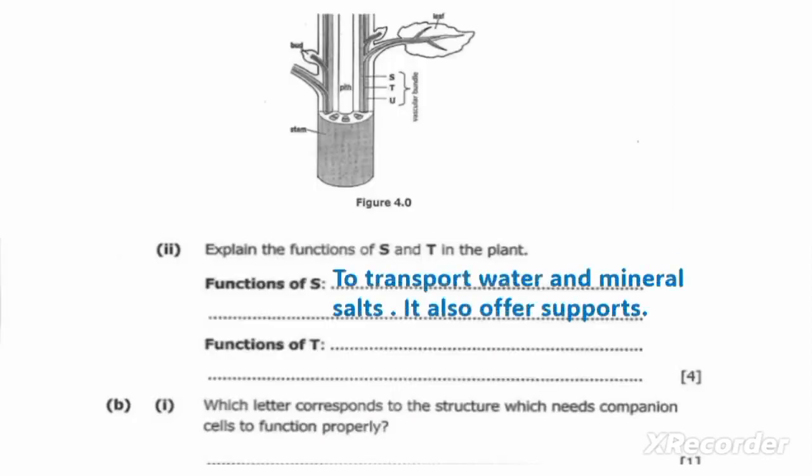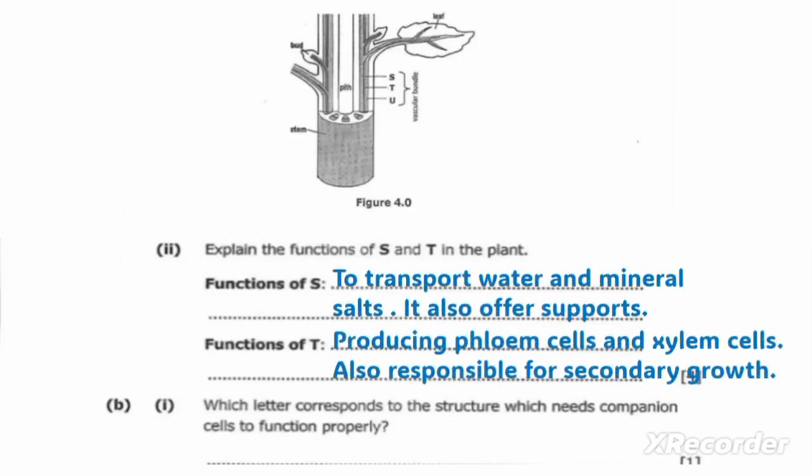The next question, which is question 4b, Roman numeral 1: which letter corresponds to the structure which needs companion cells to function properly? The cell that needs a companion cell to carry out its function effectively is the phloem cell.